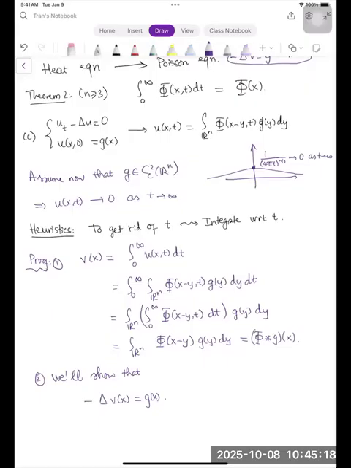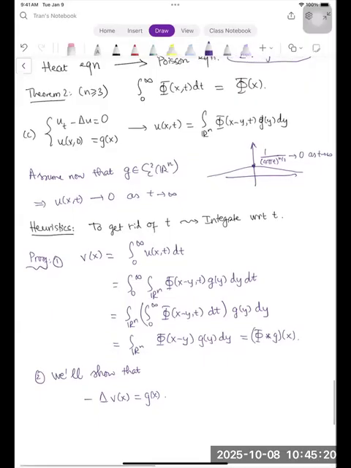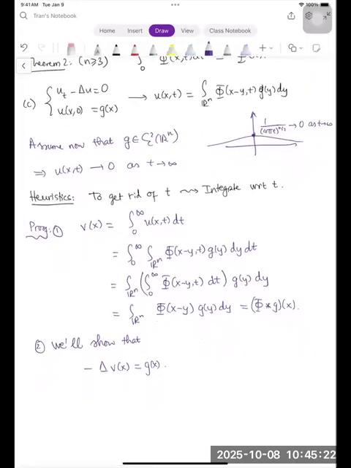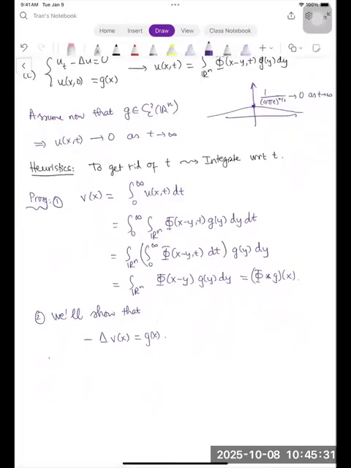That's the natural technique from singular integrals. But now we can do it differently, because we already proved that you solve the heat equation. So this is a different proof, by using the heat equation.